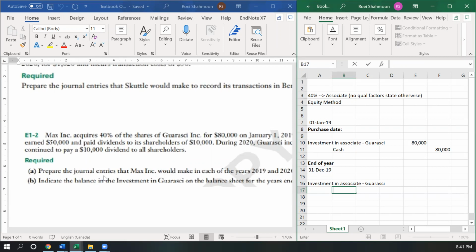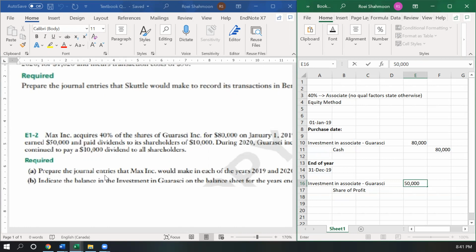But if you're not sure, let me tell you, we credit the share of profit. And this is basically like a revenue account. Okay, that's why when you credit a revenue account, it means your net income goes up, right? So I would put that here. And what amount would I put? Would I put 50,000? No. 50,000 means I'm greedy.